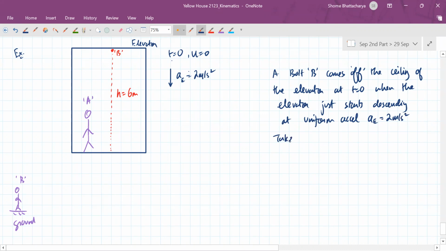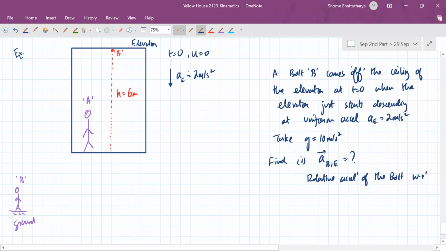So take g equal to 10 meters per second square and find, first, the acceleration of the bolt with respect to the elevator's frame.